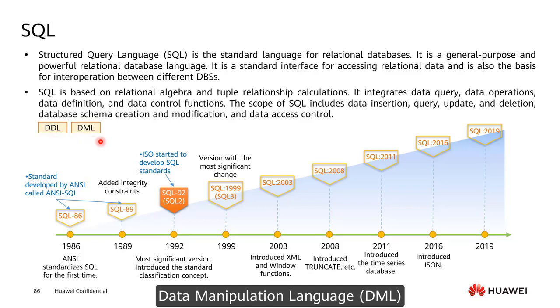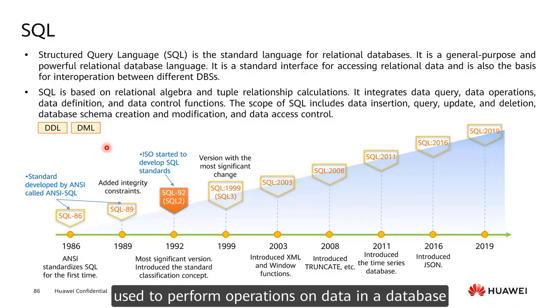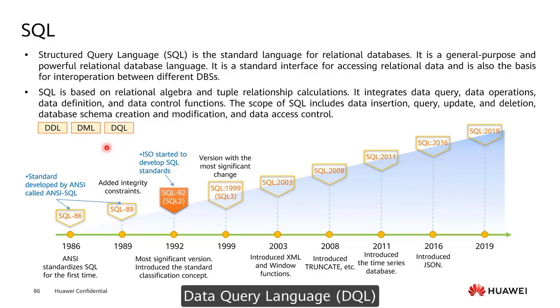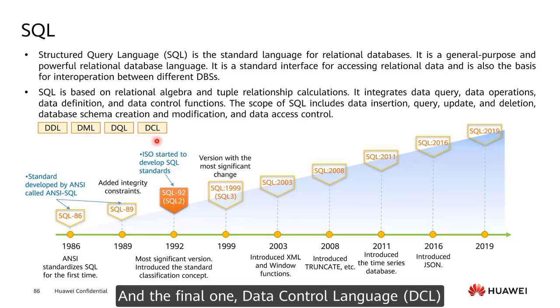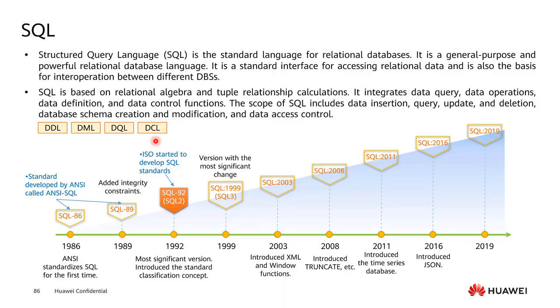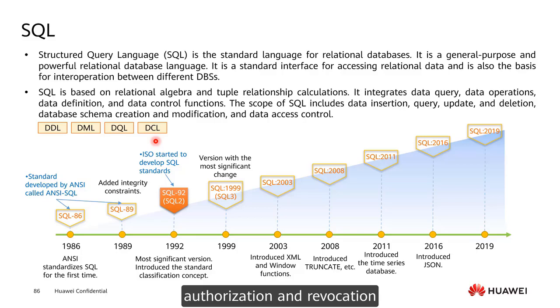Data Manipulation Language, DML for short, used to perform operations on data in a database, such as inserting, updating, and deleting records. Data Query Language, DQL for short, used to query data in a database. And the final one, Data Control Language, DCL, used to control access to database, such as authorization and revocation.